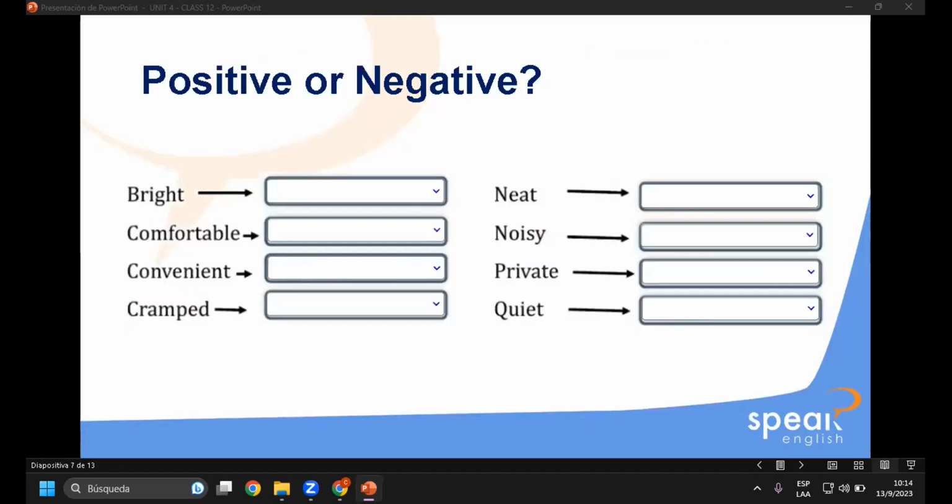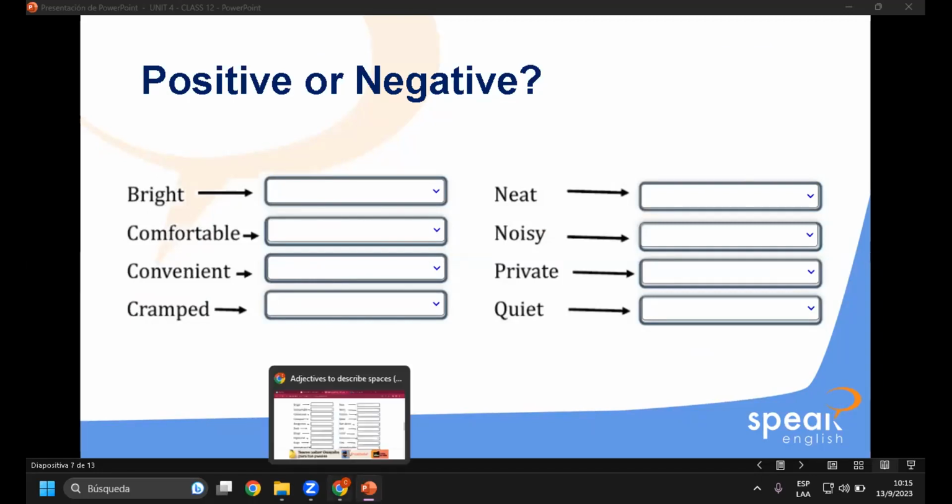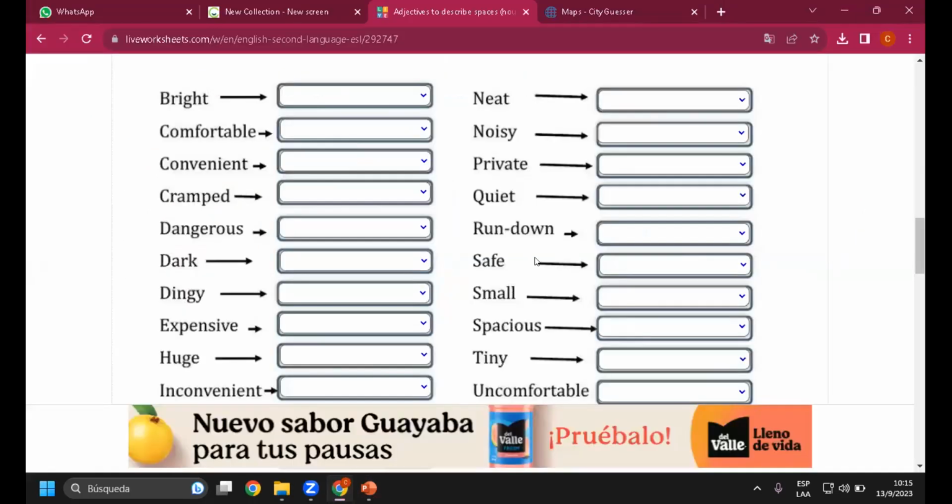So now we are going to see some other adjectives. Please, if you see a new word that you don't know the meaning of, write it down and try to memorize it. I'm going to share with you some adjectives and you have to tell me if you consider that the adjective is positive or negative.